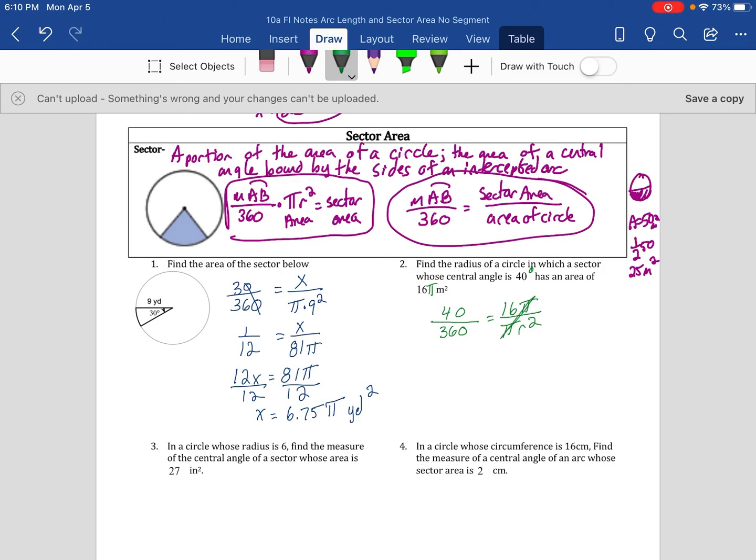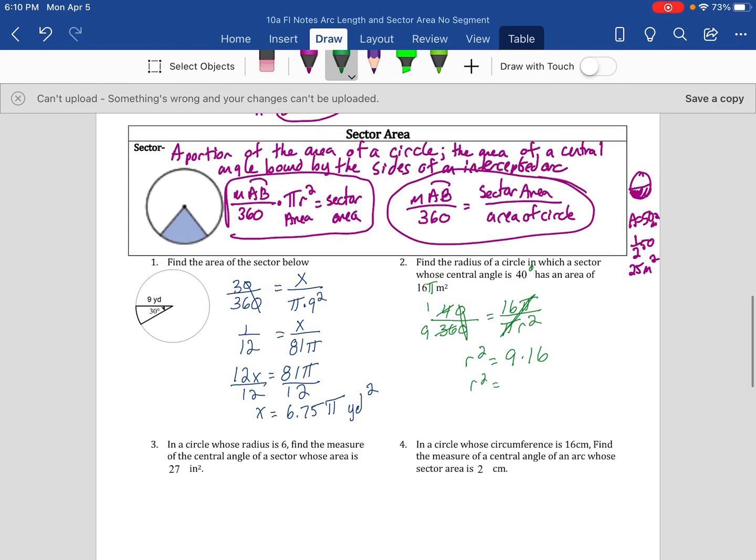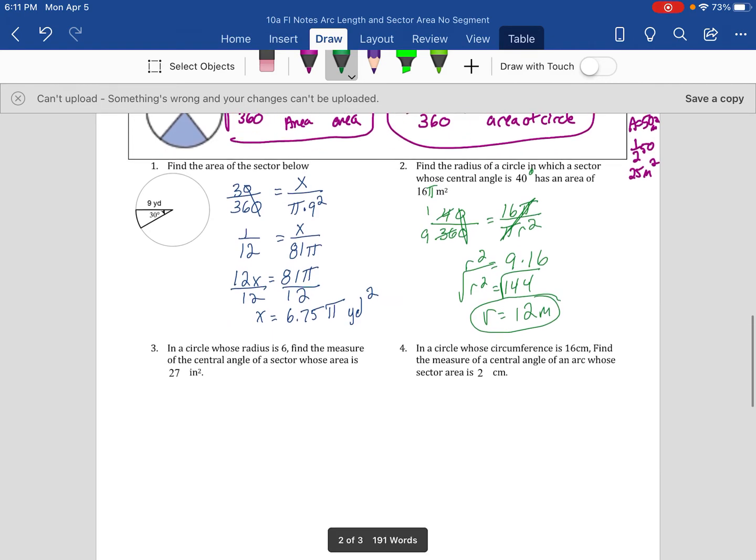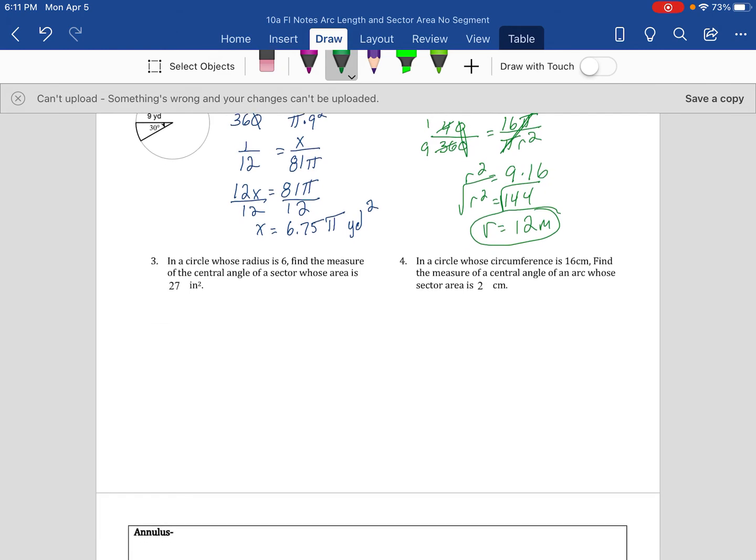So these simplify out, the pi's divide out. These zeros divide out, 4 goes into 4 once, 4 goes into 36 9 times. So you cross multiply, r squared is equal to 9 times 16. R squared is equal to 144. So your radius has to be 12 meters. In this case, it's not meters squared because it's asking for just the radius.